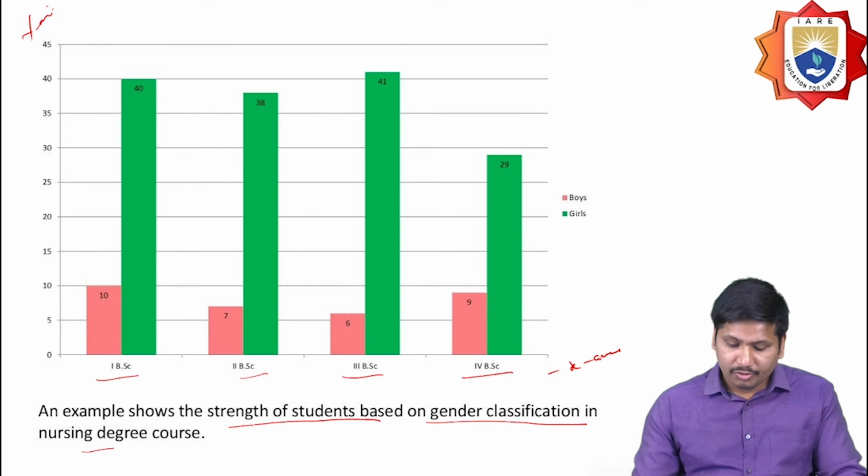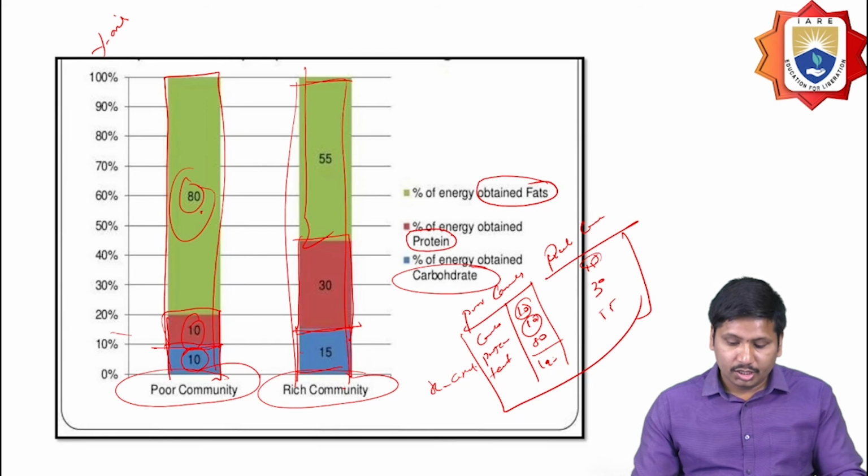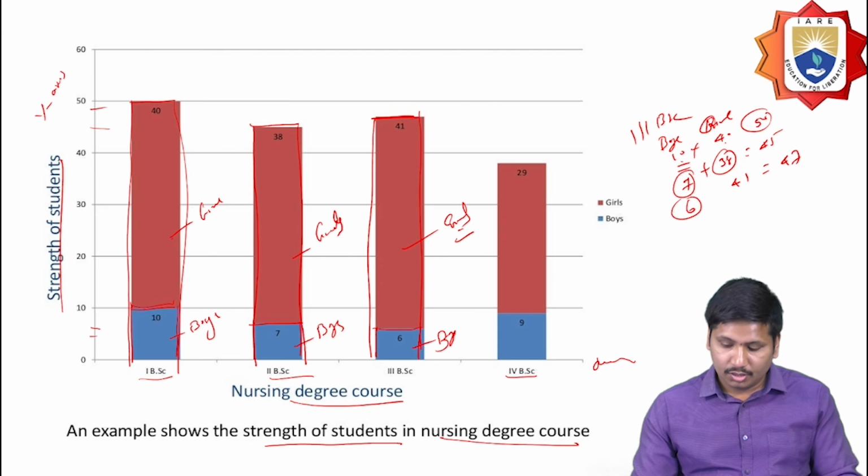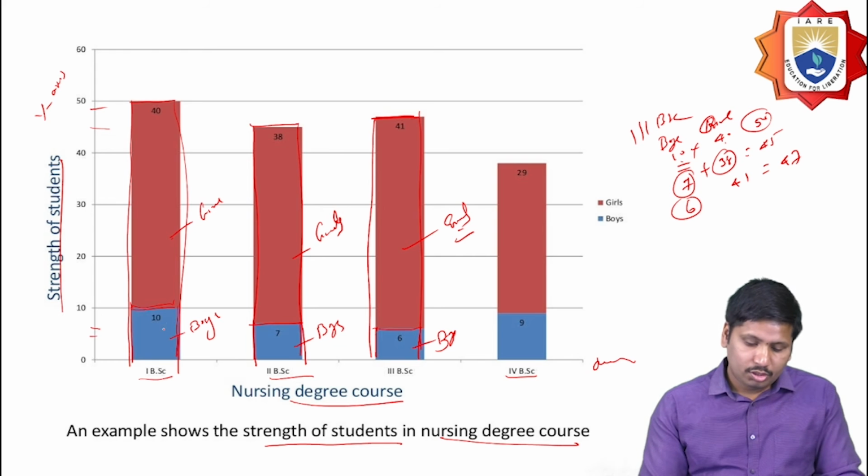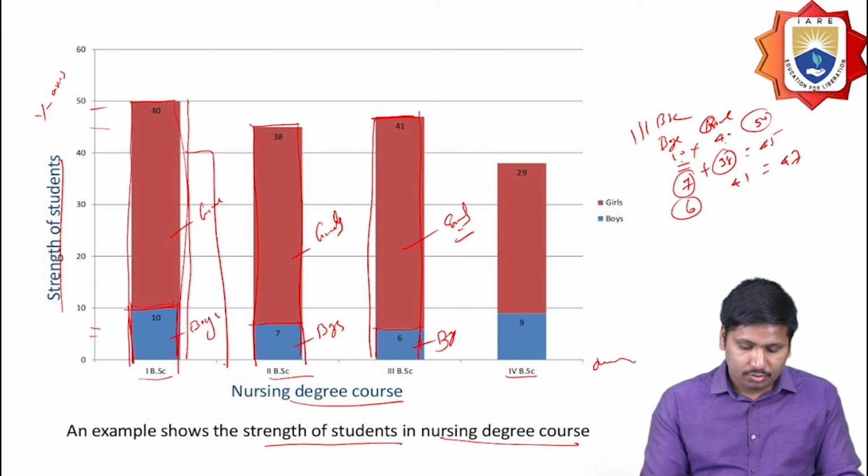So what was the previous example? Within the single bar itself, I am representing this. I can show it in different bars: 10 and 40 for girls.